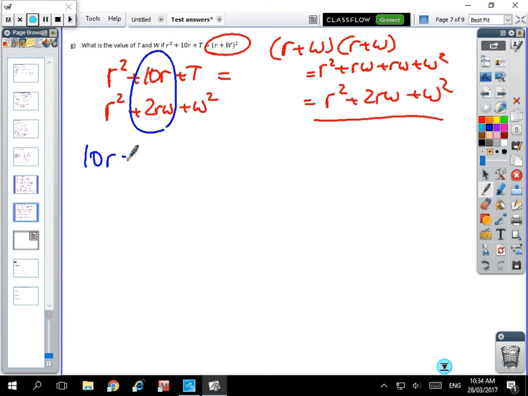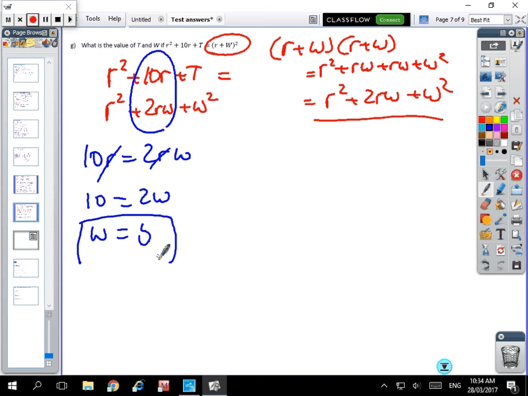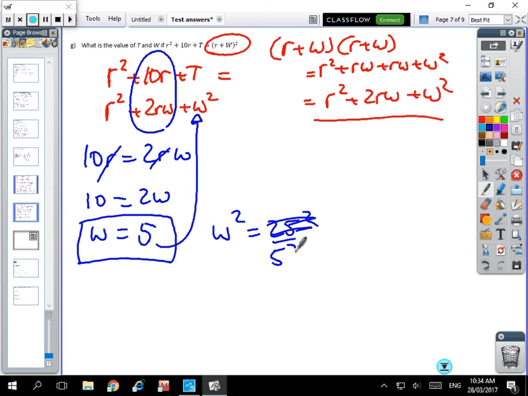So 10r equals 2rw. The r's cancel out, so 10 equals 2w. So w equals 5. Okay, so if w equals 5, w squared equals 5 squared equals 25, and that's the value of t. So t equals 25 and w equals 5.